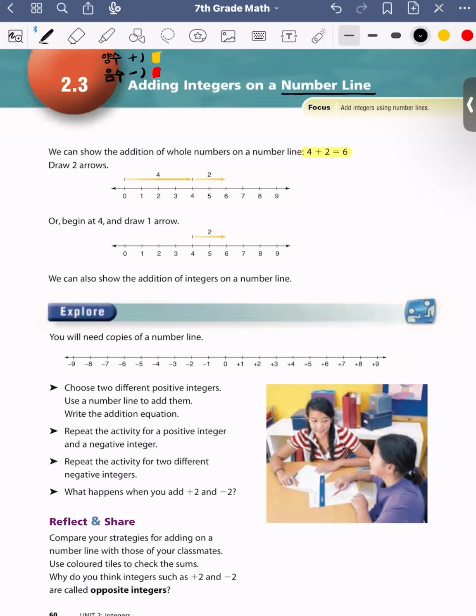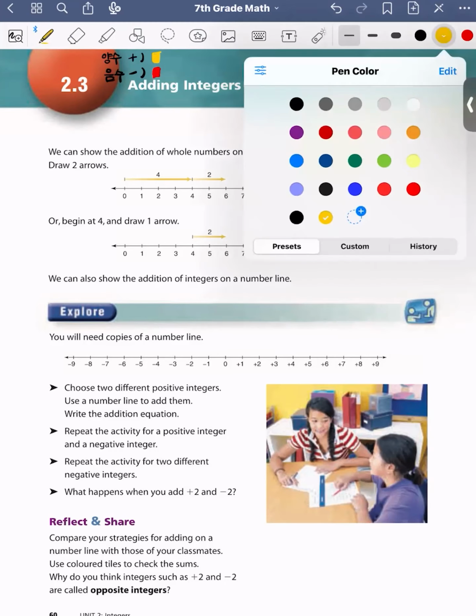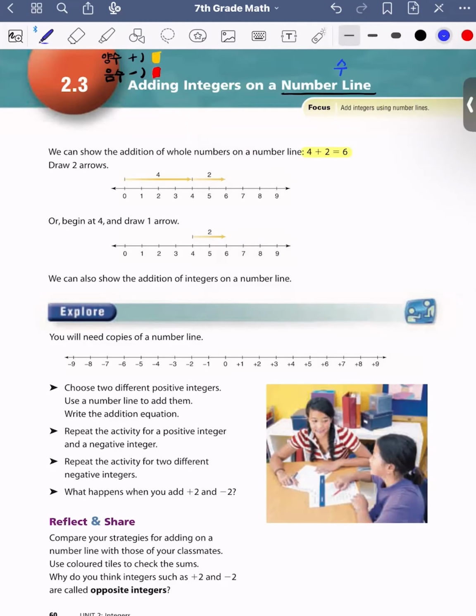In Korean, number line is called 수직선. So let's think about this example right here. We can show the addition of whole numbers on a number line. For example, if you want to do 4 plus 2, you can start from 0 and draw an arrow, which is plus 4, and then you go plus 2.